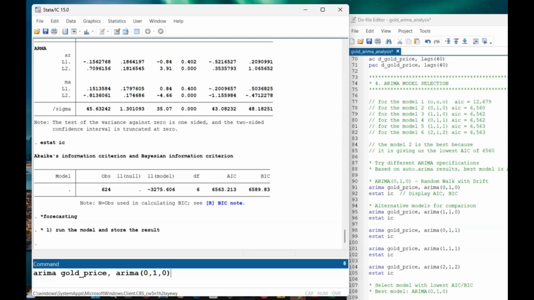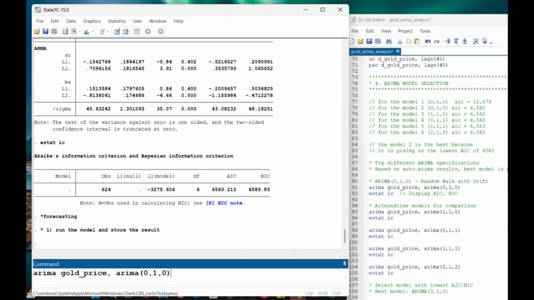Let us predict the second step. Can we predict the residue? Now predict error, comma, residue.